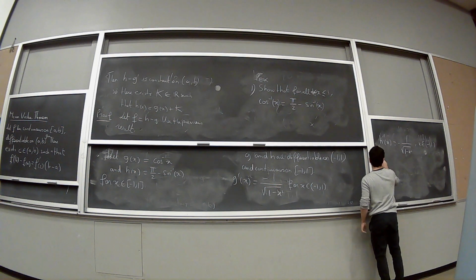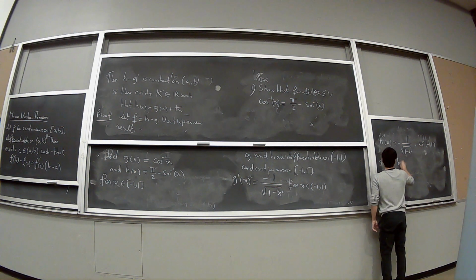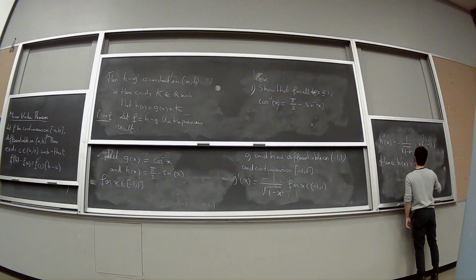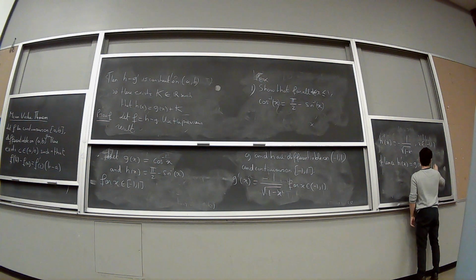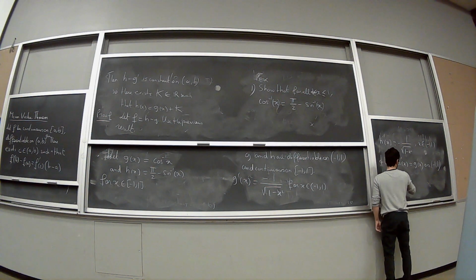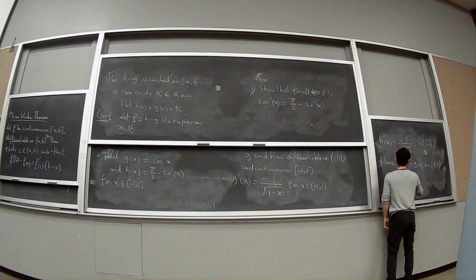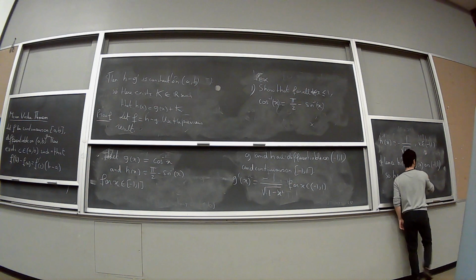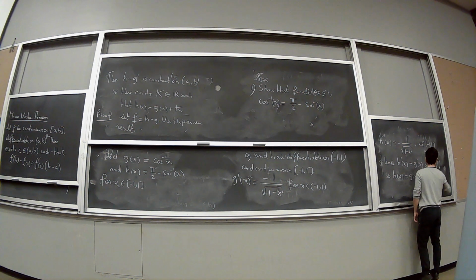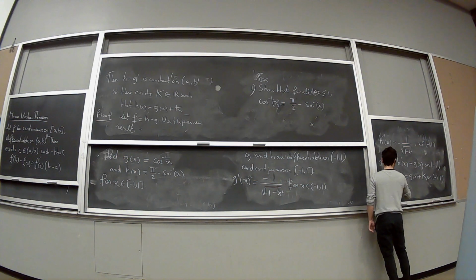Hence, h prime of x is equal to g prime of x on (-1, 1), so h of x is equal to g of x plus k on (-1, 1), where k is a constant.